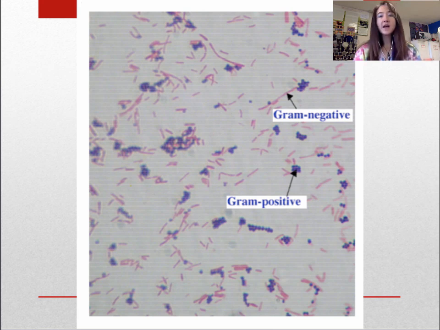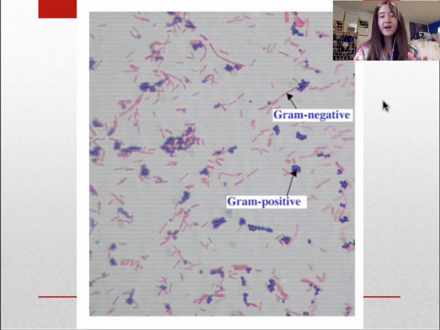So you're going to be coloring the gram-positive Staphylococcus purple because it's gram-positive, whereas the rods, the E. coli, are going to be gram-negative. So both are bacterial cells, but one is gram-positive, one is gram-negative, and they stain different colors and come up with a really beautiful stain.